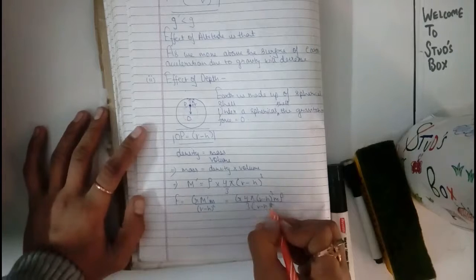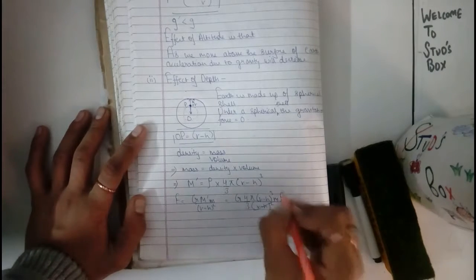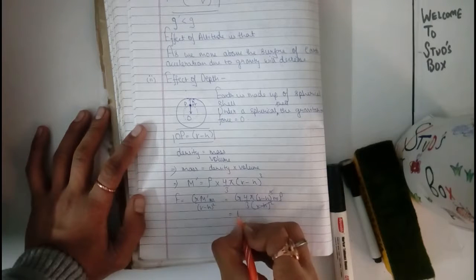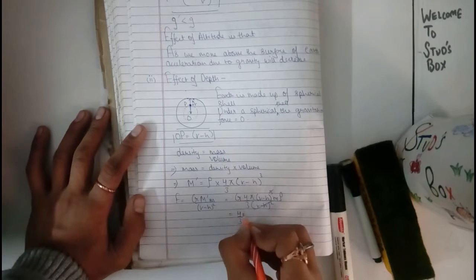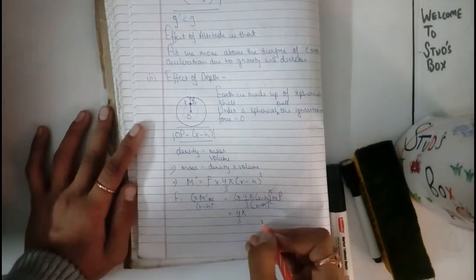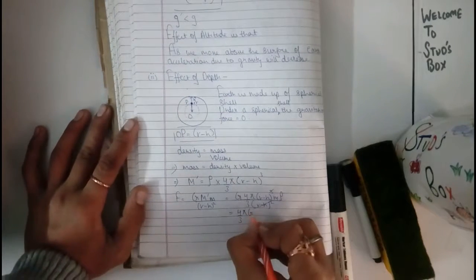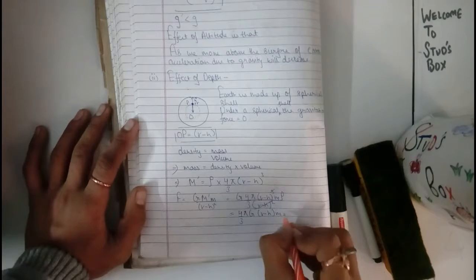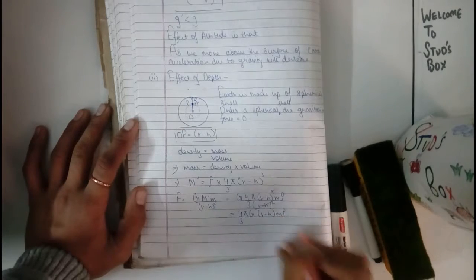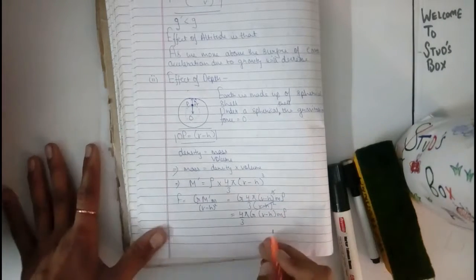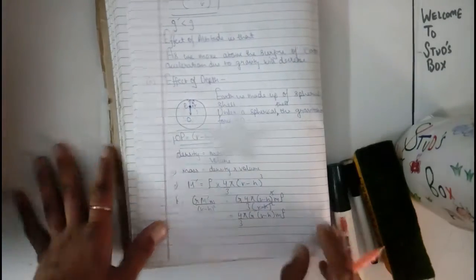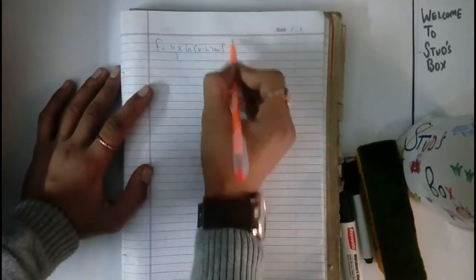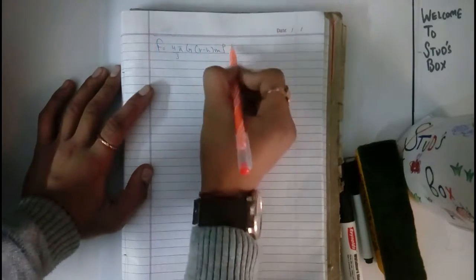So this r minus h whole square can be cancelled out, so we will be left with 4 by 3 pi G r minus h m rho. So this is the value of F that we will get.